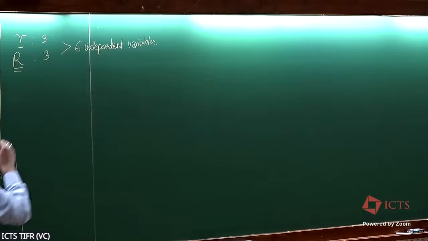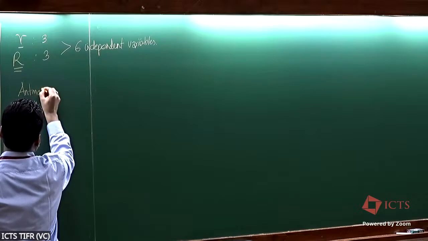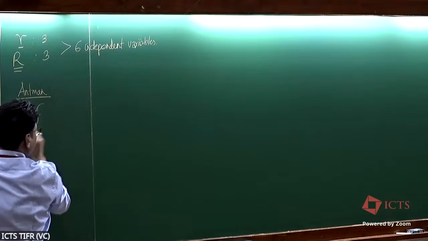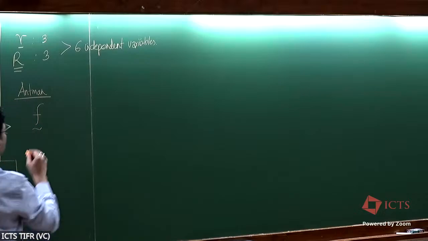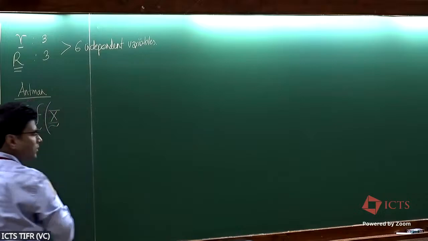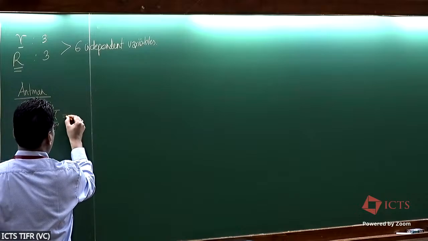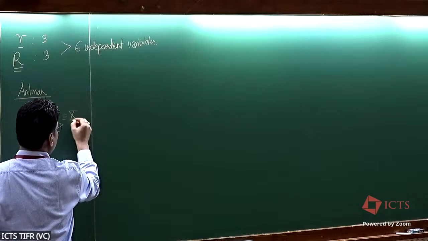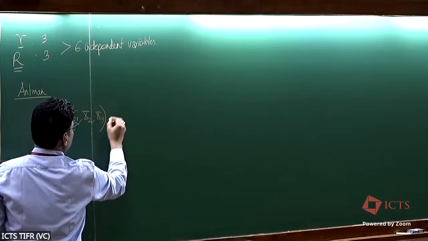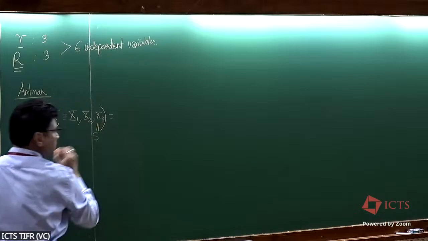So, Antman had proposed the following kinematics. The deformation map F is a function of the original material point variable big X, which will have 3 components, big X1, big X2, and big X3, where big X3 is actually S here.